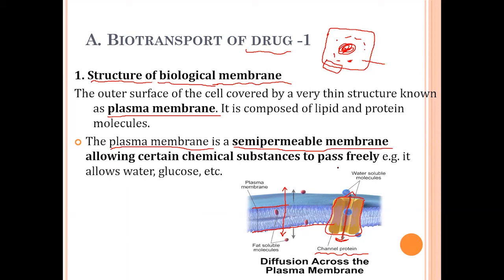It means it can allow some things to pass through freely, like water and glucose. So different materials pass through the cell membrane in different ways.